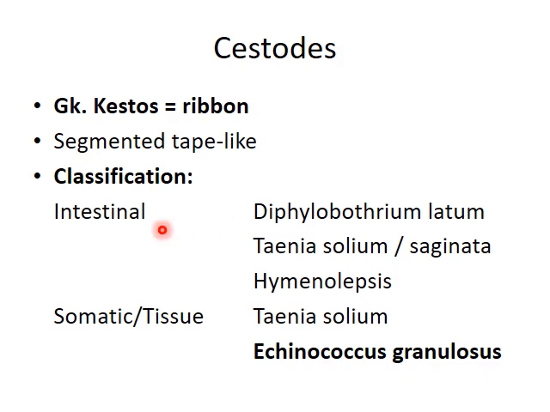If you can recall from the last lecture, the cestodes, based on the habitat, are divided into intestinal cestodes and somatic cestodes. We already discussed Taenia solium and Taenia saginata, and today we will be discussing Echinococcus granulosus, that is the somatic cestode, and we will see Diphyllobothrium latum and Hymenolepis nana in short.